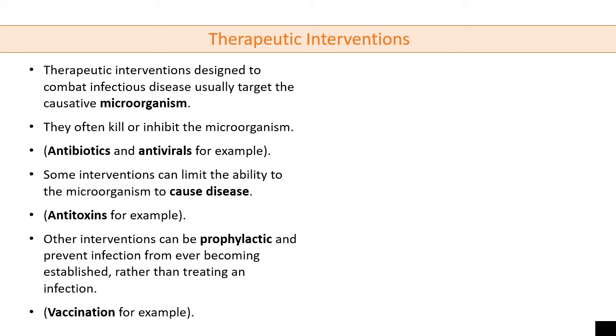And obviously the prime example of this is something you're very familiar with. It is vaccination. We vaccinate individuals, generally speaking, before they are exposed to an infectious agent. And in doing so, we are preparing their immune system, we are fortifying their immune system, we are making them resistant to infection by a particular infectious agent.